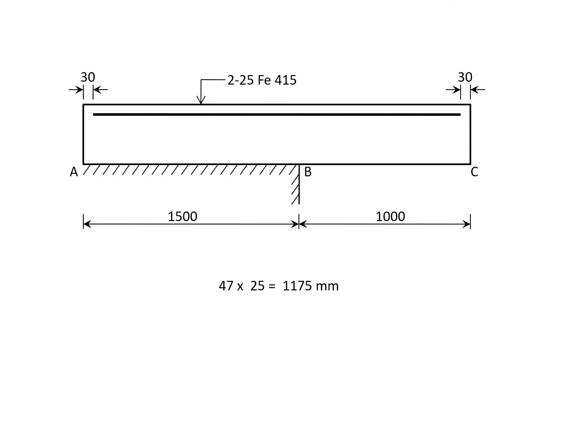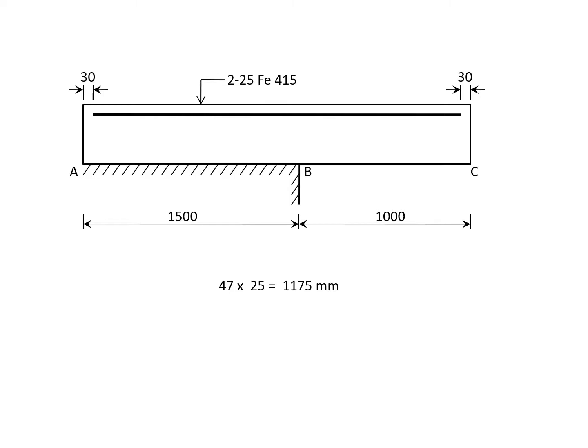Now let's take this situation. This is a cantilever beam and it needs 25 mm bars at top. Now you see the length available is 1000. Is it sufficient? Let's check. 25 is the diameter of the bar, 47 times 25. This 47 number I got from the previous chart.